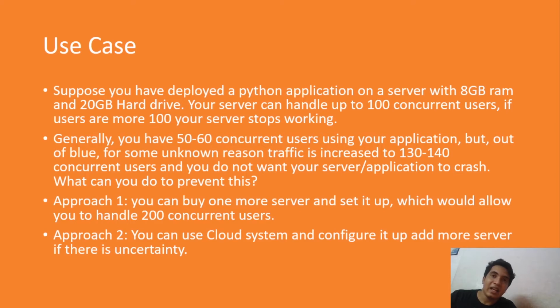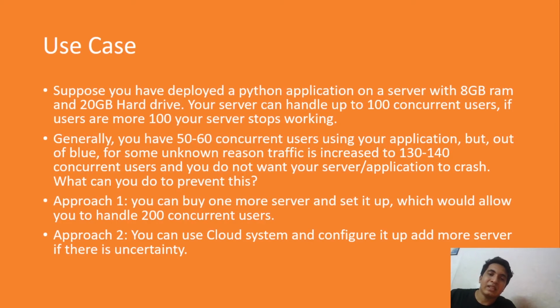In a cloud system, we only pay for the servers that we have used and for that amount of time only. For example, 90% of the time we only pay for the one server that we have, that is 8 GB of RAM and 20 GB of hard drive.